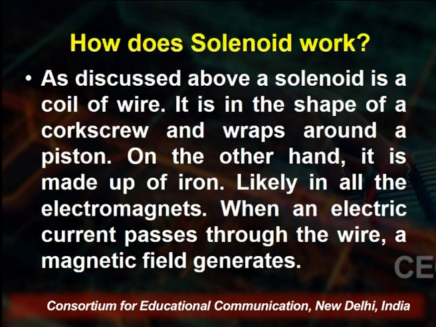I discussed that a solenoid is a coil of wire, in the shape of a corkscrew, which wraps around the piston. On the other hand it is made of iron, and on that iron a coil is wound. It works as an electromagnet and is placed in the electronic circuit.